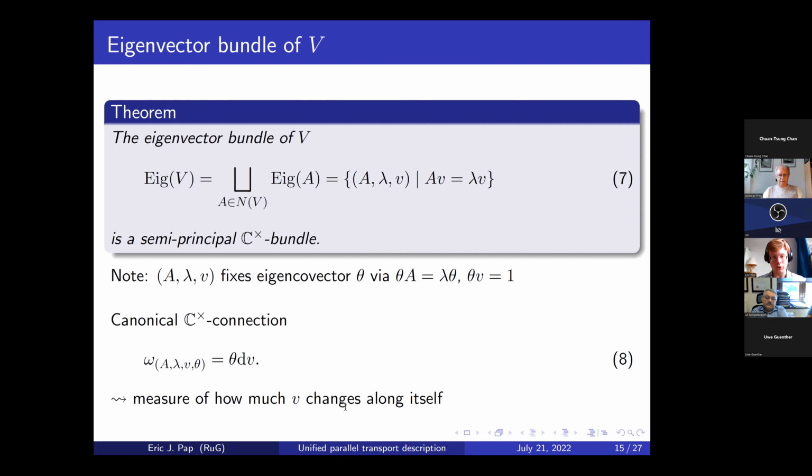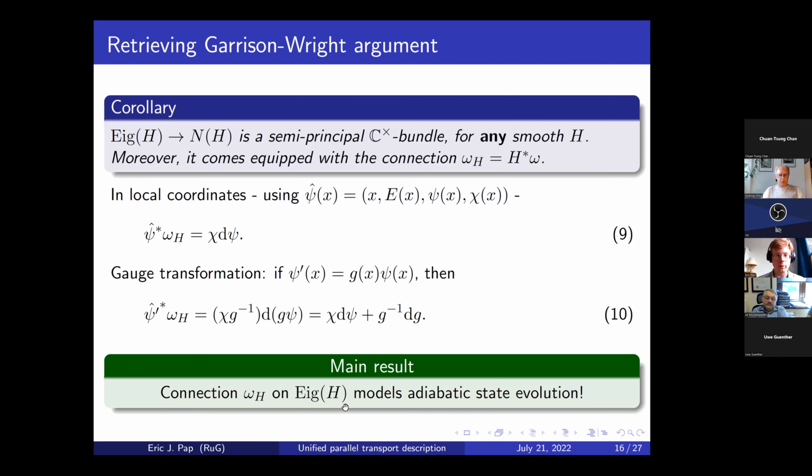And now I have to show you that this actually gives you what Garrison and Wright did. Again, we are going to pull back along the Hamiltonian. And so then we get that IH over NH is a semi-principal bundle for any smooth family H. Again, with the remark that it only works over the non-degeneracies, but we do not need to ask if H is Hermitian, PT symmetric, or anything.